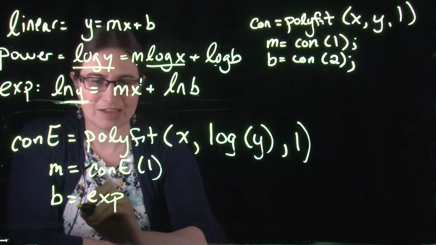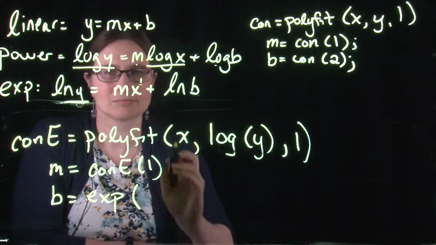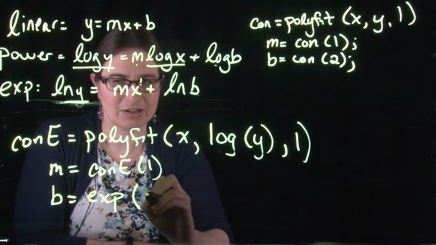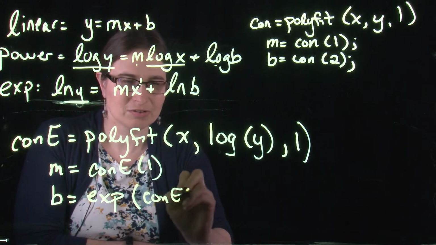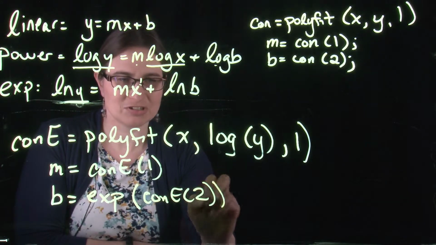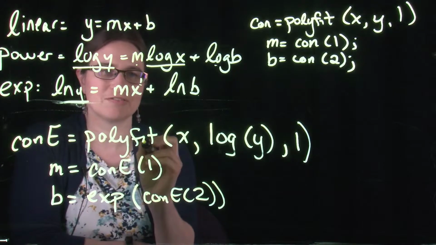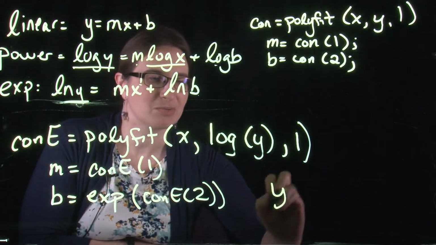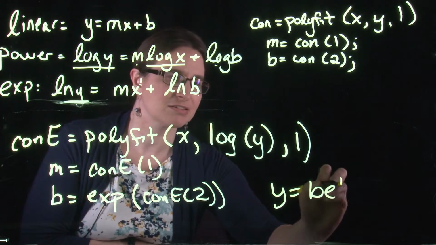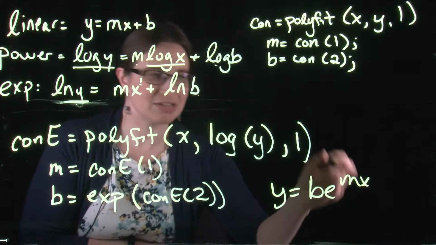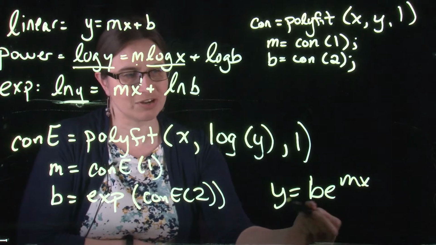Okay, and with MATLAB, this is exp. Okay, and our value for that second position in the vector. Okay, and so that's how you're looking at solving for the exponential function constants. Which again, here's our base equation for exponential.